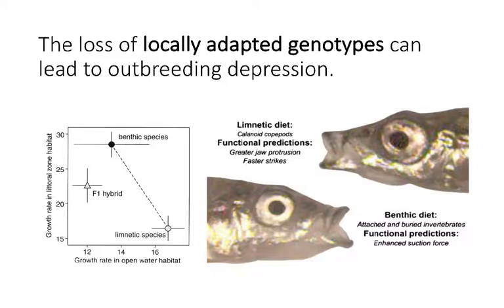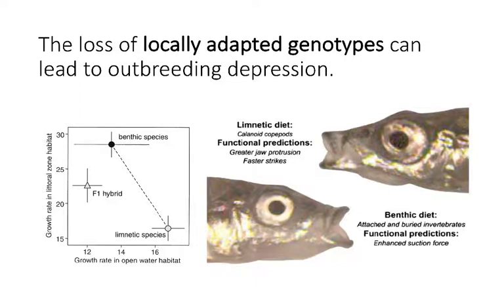So the example I'm showing here is two different types of sticklebacks, and they live in different regions of the lake. Some live benthically on the bottom, some live limnetically, more on the top, and associated with these different habitats, they actually eat different things.